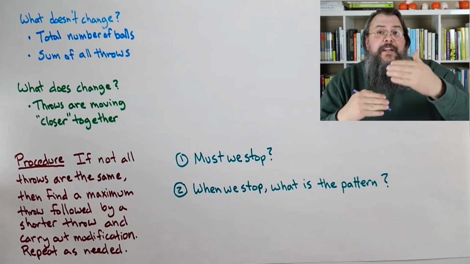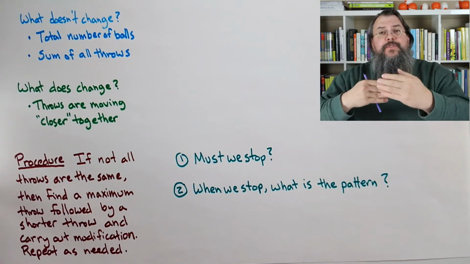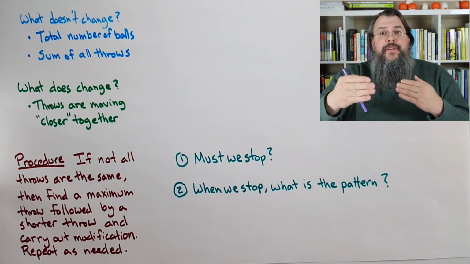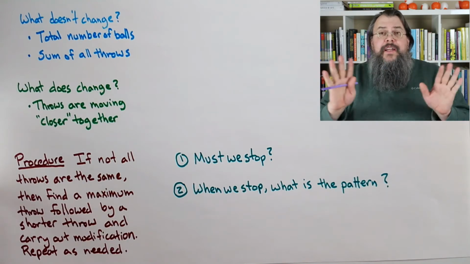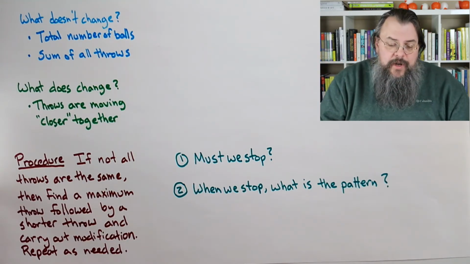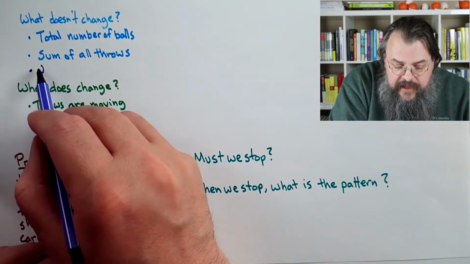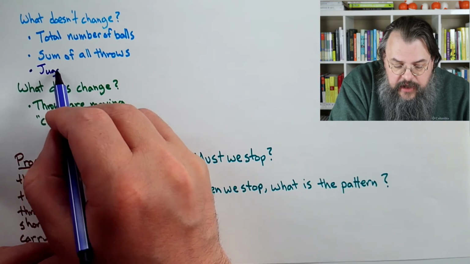Because we're not adding balls, we're not removing balls, we're just rearranging where the balls get thrown and land. So we're not touching the total number of balls. And in fact, we should have added one other thing. What doesn't change? The fact that we're actually a juggleable pattern.